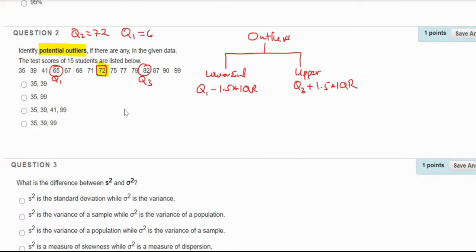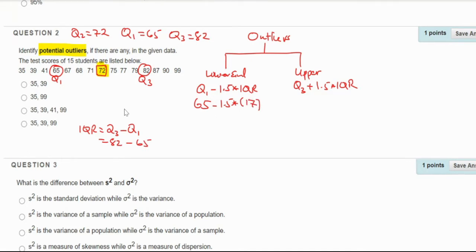So Q1 is 65, Q3 is 82. Now I can plug in: 65 minus 1.5 times the interquartile range. By definition, the interquartile range is Q3 minus Q1, so 82 minus 65, and that gives us 17.